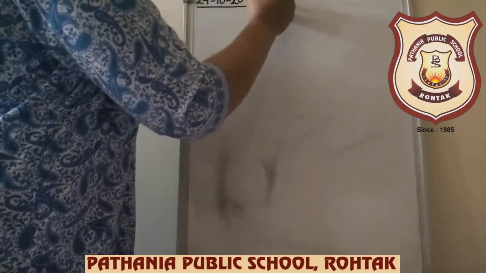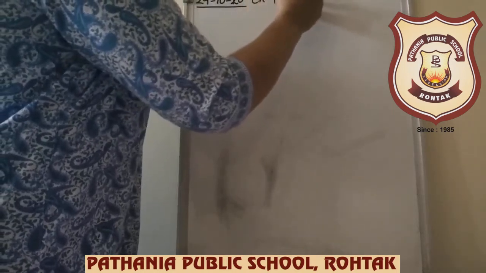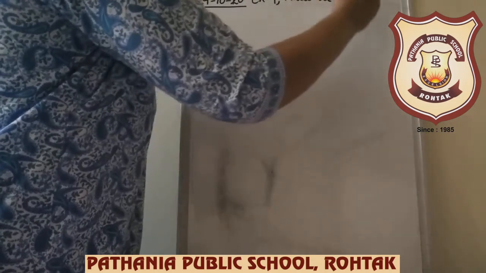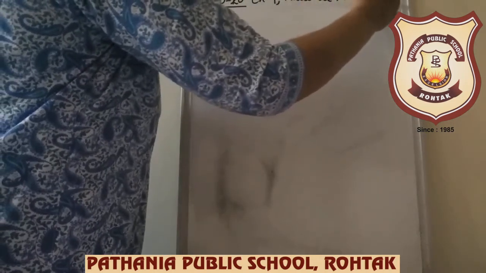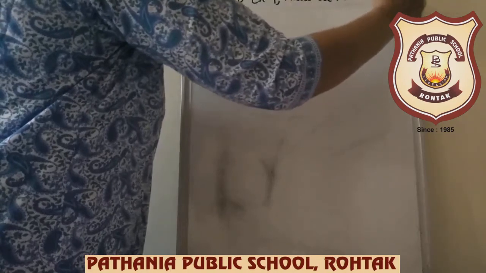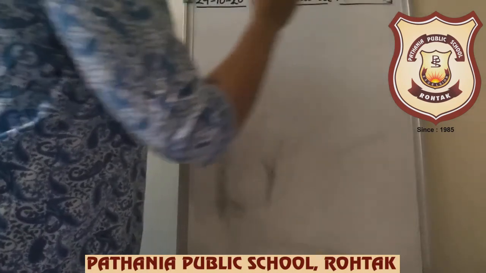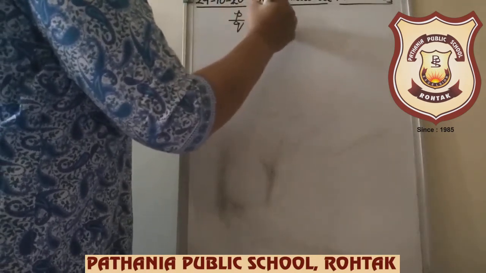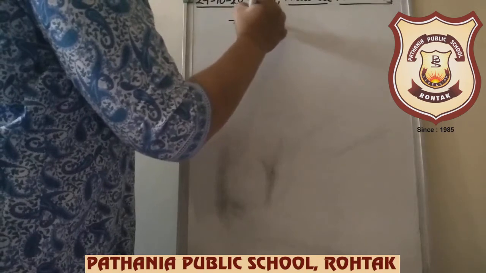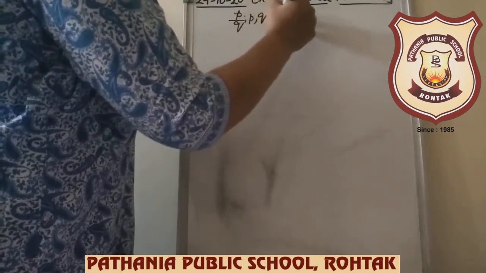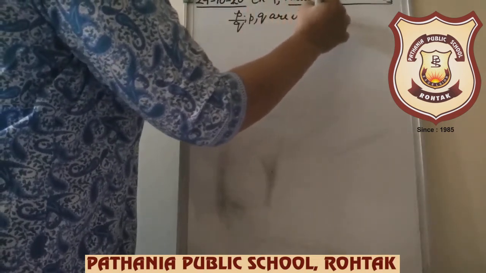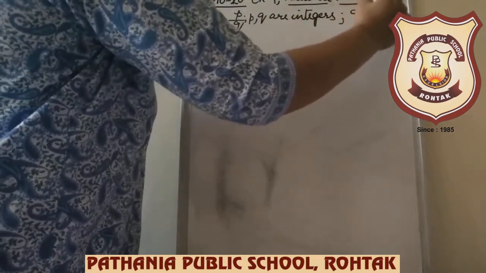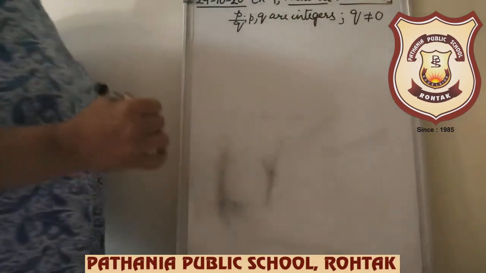We are on chapter 9, rational numbers. As I told you, the numbers which are in the form of P upon Q, where P, Q are integers and Q cannot be equal to 0.